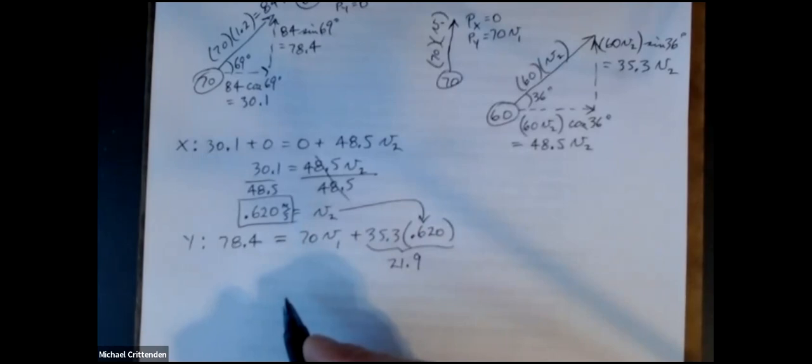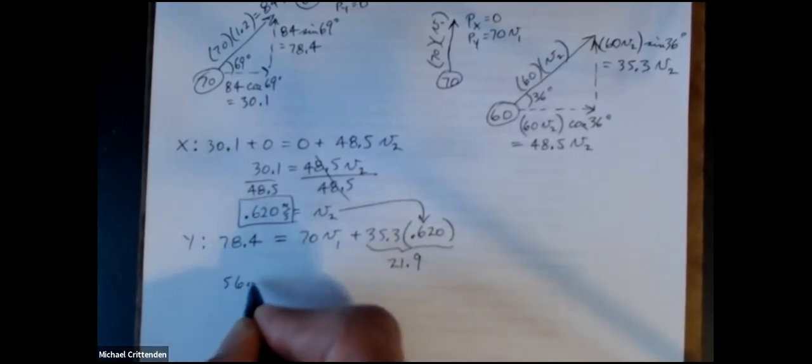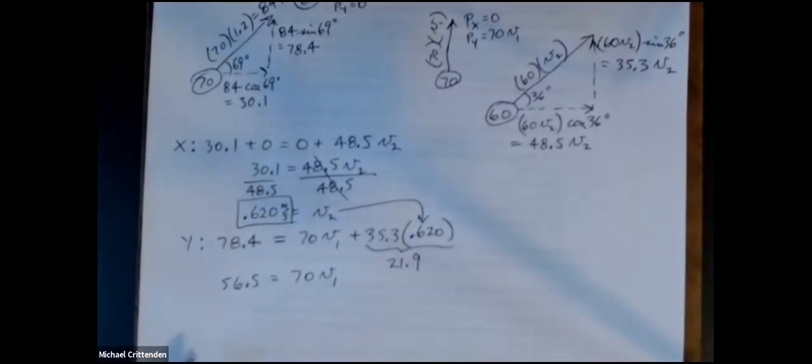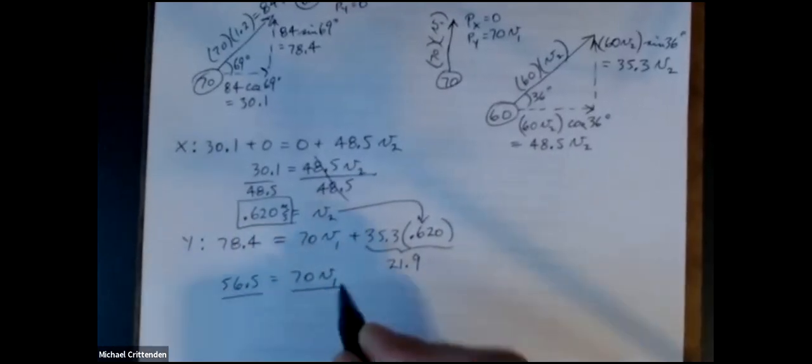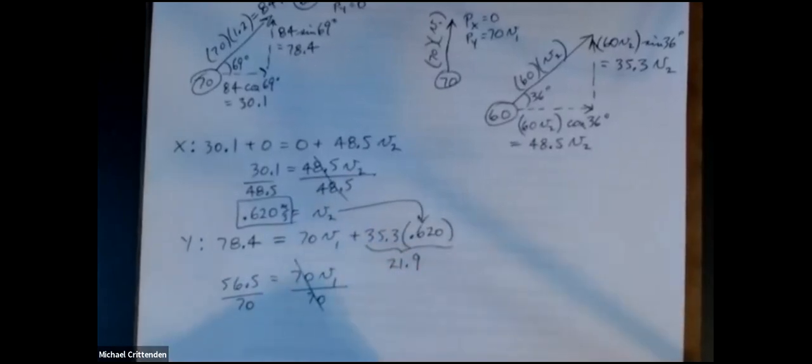So you subtract 21.9 from both sides, and you'll have 56.5. Okay. 78.4 minus 21.9 is 56.5. Divide this out for V1. 0.808.